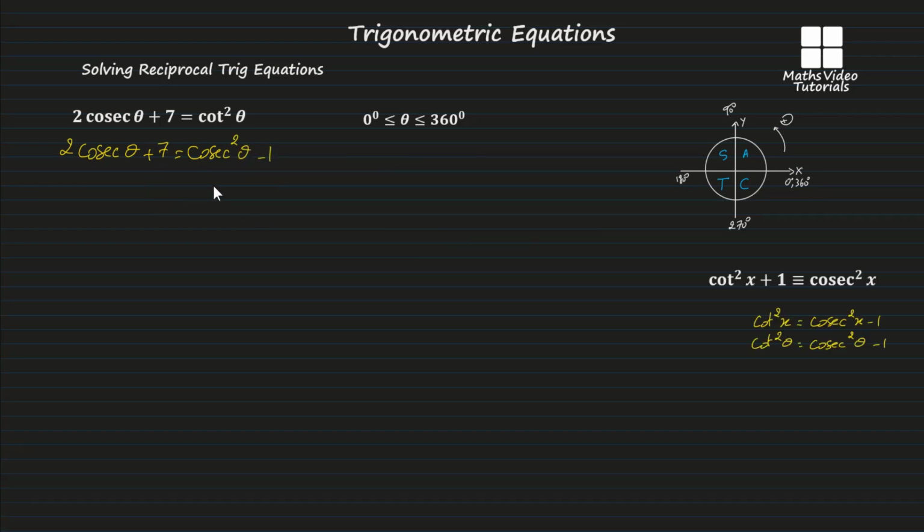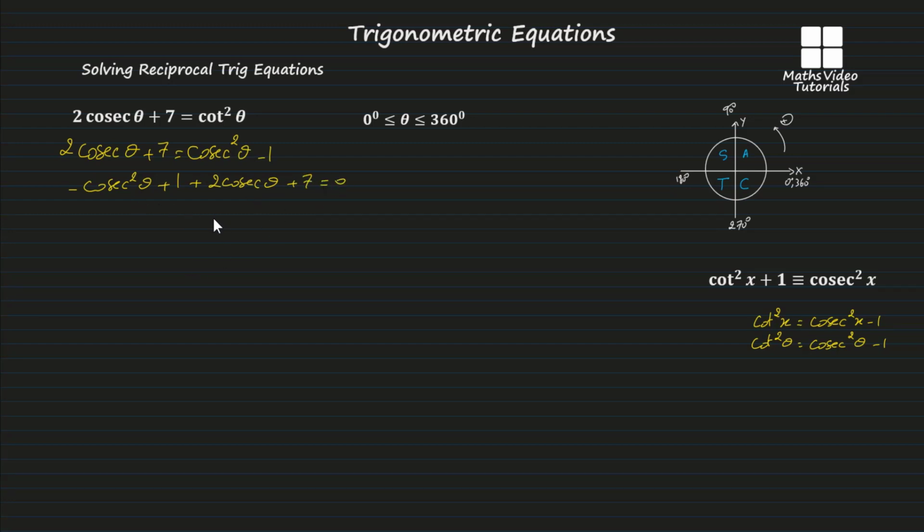Since this is an equation to solve, we need to make it equal to 0. So we need to move everything to the left hand side. So I'm going to move cosec squared theta to the left hand side. It becomes minus cosec squared theta, and the minus 1 will become plus. That's plus 1 plus 1, it becomes plus 1, and plus 2 cosec theta and plus 7 equal to 0.